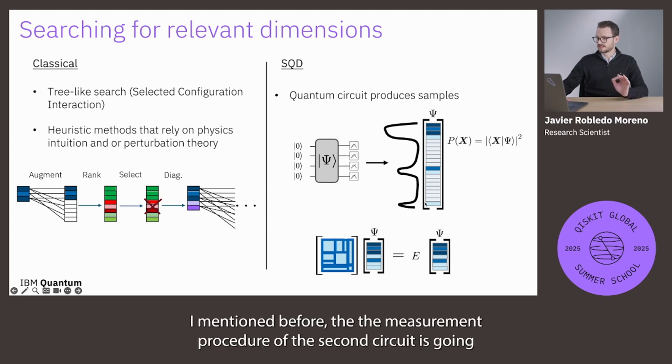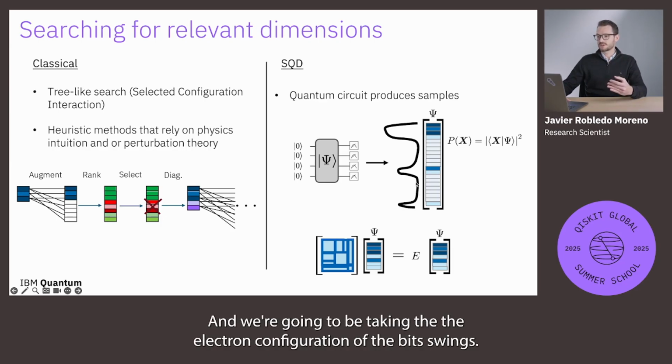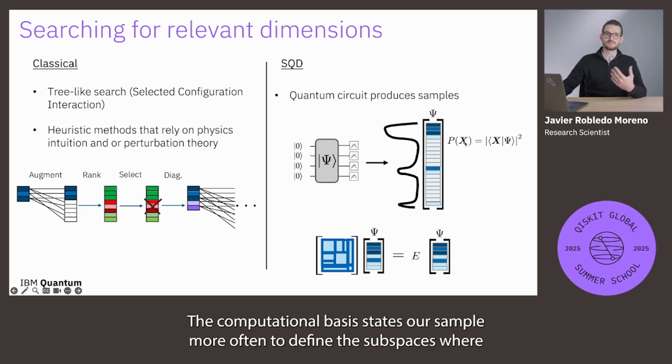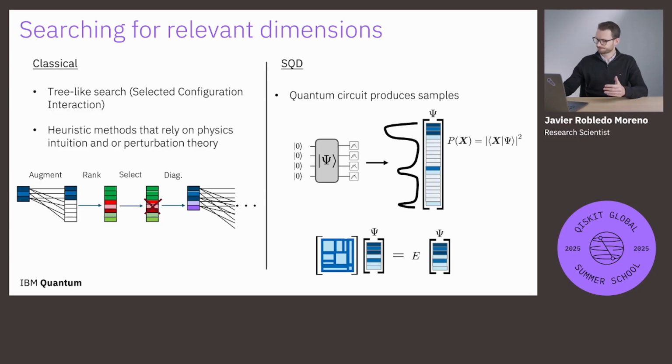As I mentioned before, the measurement procedure of this quantum circuit defines a probability distribution over the Hilbert space, and we take the electronic configurations, the bit strings, the computational basis states that are sampled more often to define the subspace where we project the Hamiltonian and then diagonalize it in.